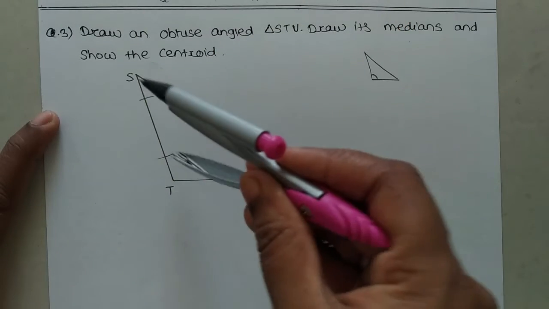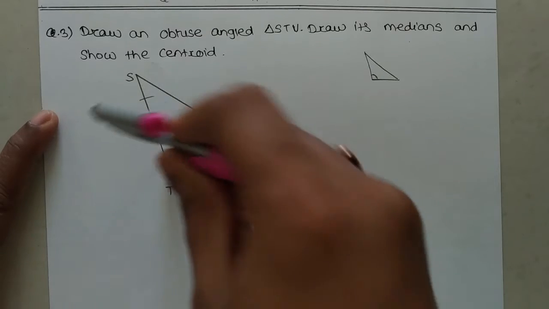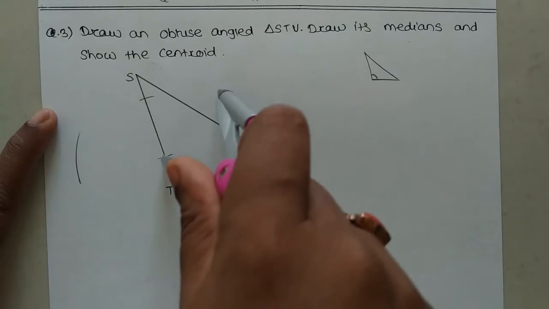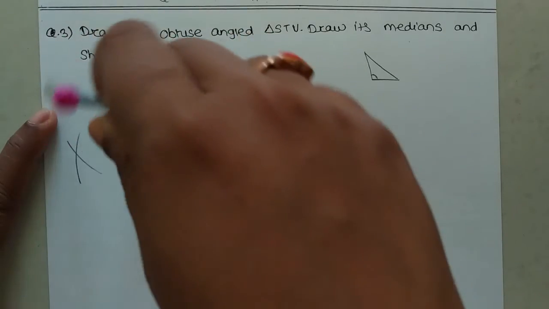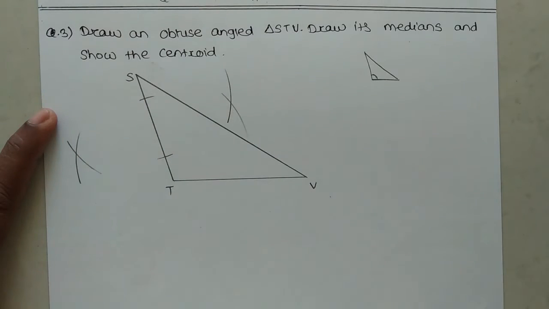Now next step, put your compass on this one and draw arcs here and here. Clear? Now next, with the same distance, cut this arc like this. Clear?